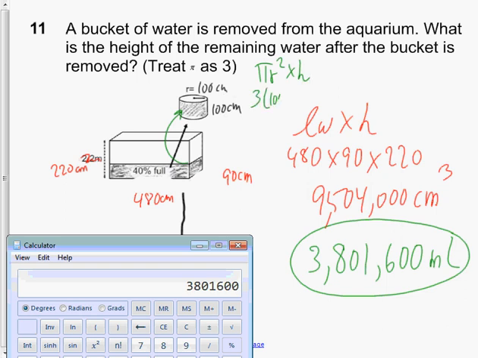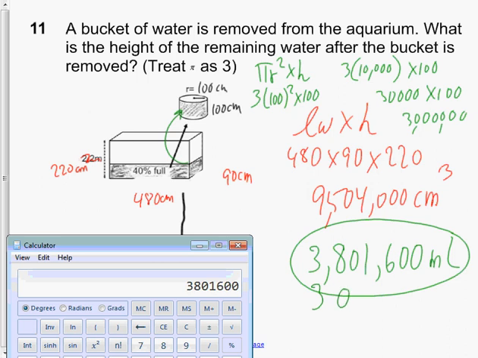Pi times the radius squared times the height will be 100 squared is 10,000 multiplied by 100 will be 30,000 multiplied by 100, which is 30,000 plus 2 zeros, which is 3 million. So that bucket had a capacity of 3 million milliliters, which is a pretty big bucket.